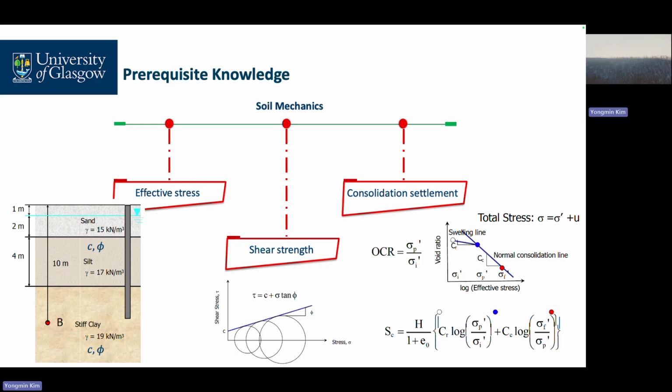Sometimes our clay layer settles faster than pile settlements. It means we will experience negative skin friction conditions. That's why these three concepts are fundamental knowledge to study our foundation engineering.